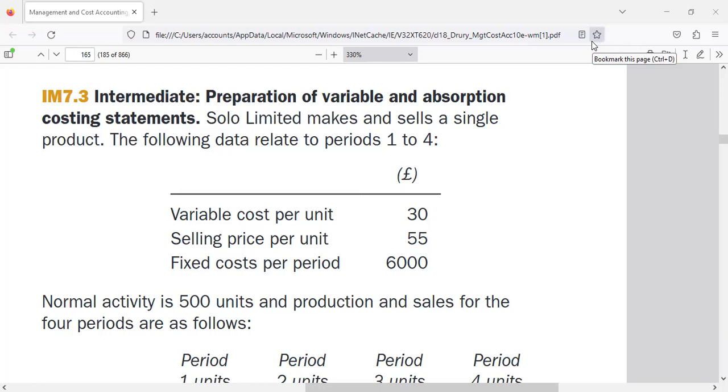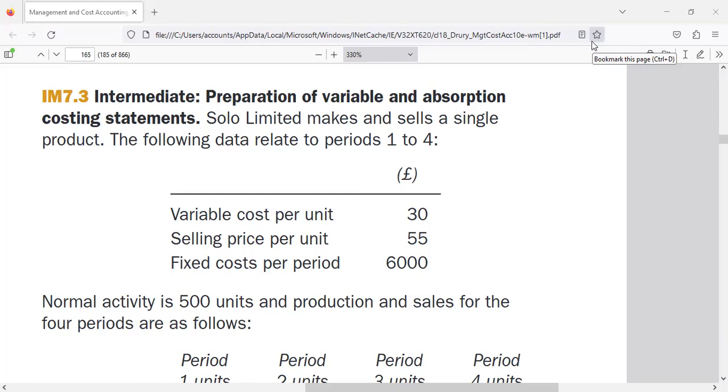Under absorption costing, we value products at their full cost of production, whereby we consider all the marginal costs incurred to produce the product, and then we have to add the fixed production costs.